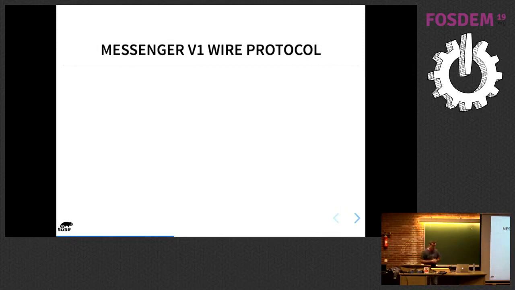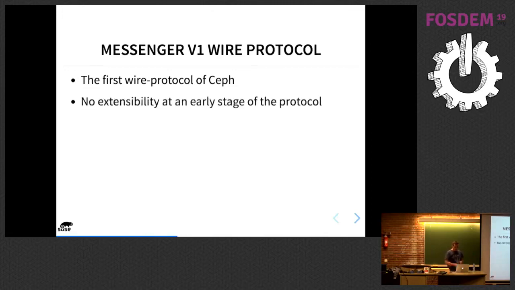So until now Ceph has had a wire protocol since the beginning, right? The components need to talk to each other, and the current protocol is still the first one that was developed, so it has a few years now. And one of the problems is that it's not easily extensible to add additional states to the protocol, at least at an early stage. So it's very hard.